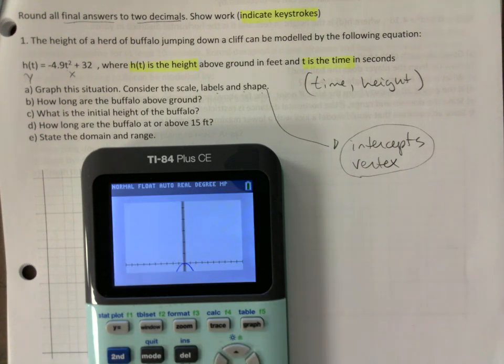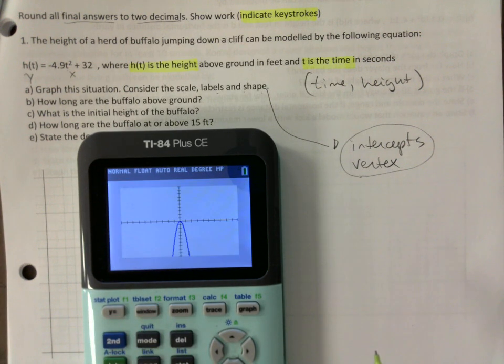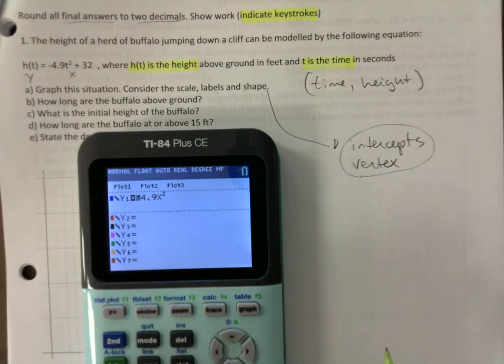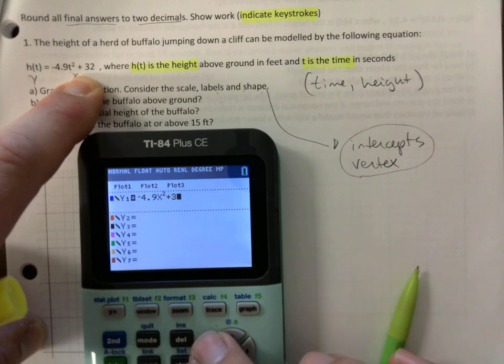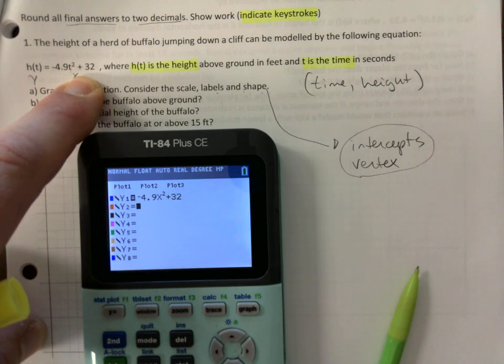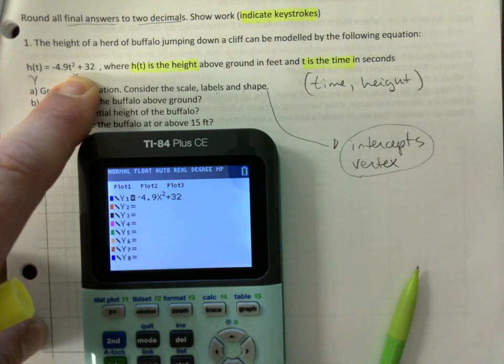So there we go. I graph it. It's a terrible scale. My window is not good at all. I'm going to try zoom standard. Oh, I'm talking big and I'm not even finishing my equation. See, right there I could tell something is wrong. Plus 32. Do you notice that the x term is missing? We talked about that yesterday, actually.